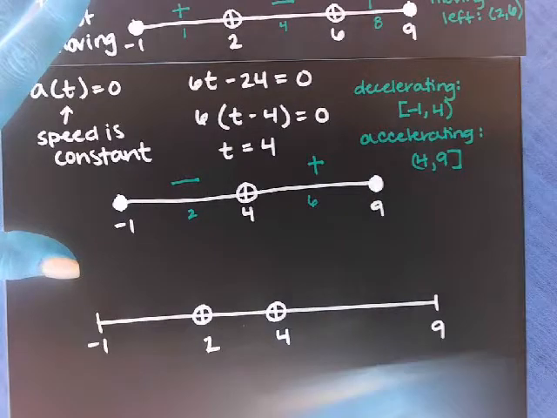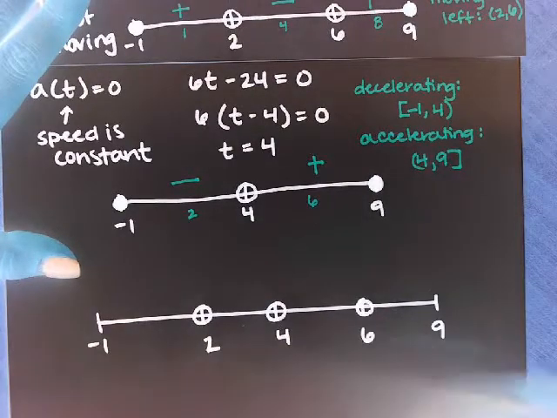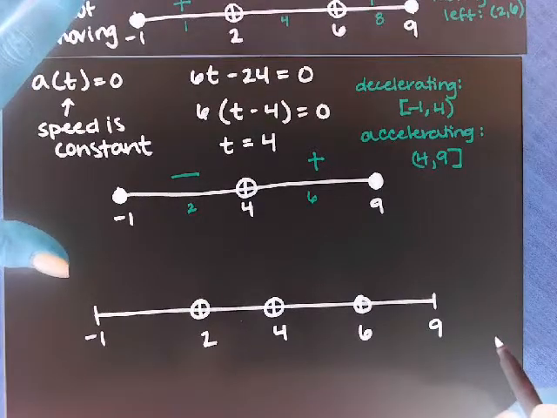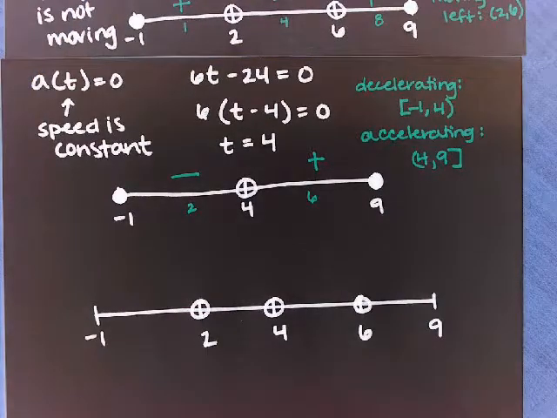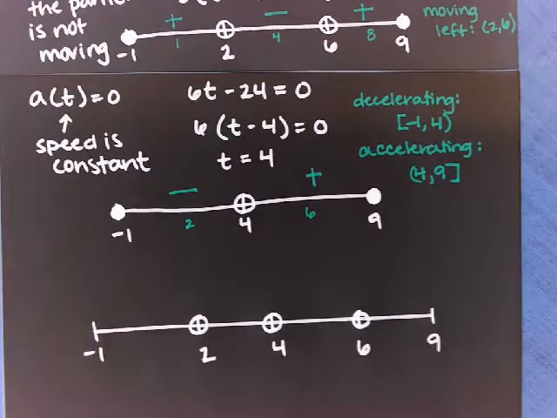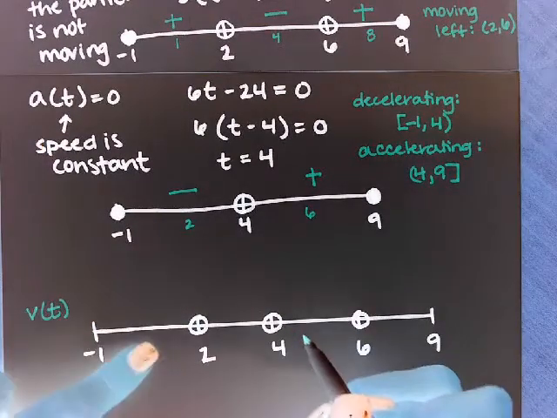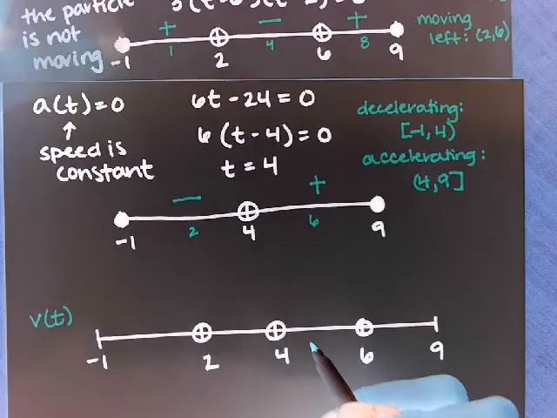So if you guys can see, I'm doing the 2, the 4, and the 6 all at the same time. You notice that? Okay. I'm going to go ahead and put v of t on the top. We're going to compare both signs together. So if I look at v of t, I'm just looking at that first sign chart we did.